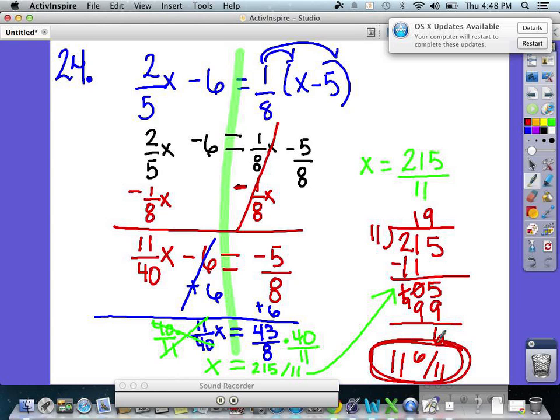I'm sorry, I did write that wrong. 19. So slow down. I'm going too fast trying to get out of here. 19 and 6 over 11, because this is my whole number. And this is all part of checking your work. This is my numerator. And this is my denominator.